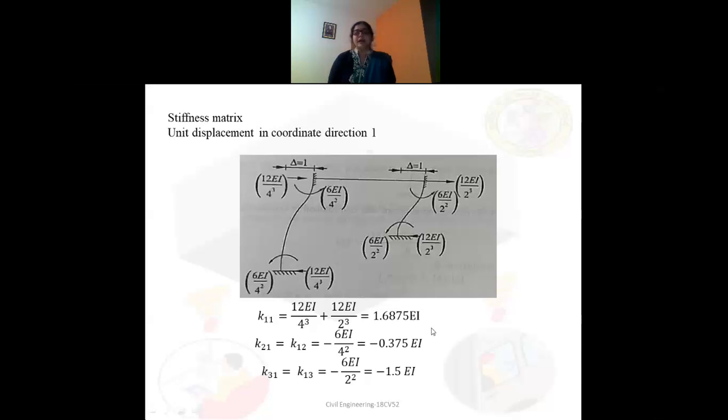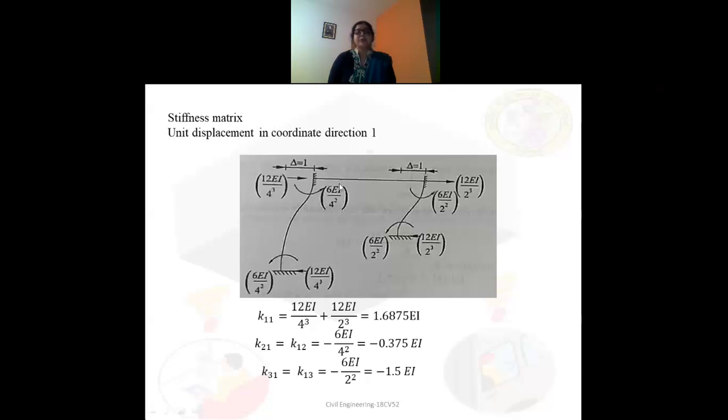1.6875 EI. Then what is the rotation? What is the force developed at coordinate 2 due to this unit displacement at 1? What is the moment that is developed?